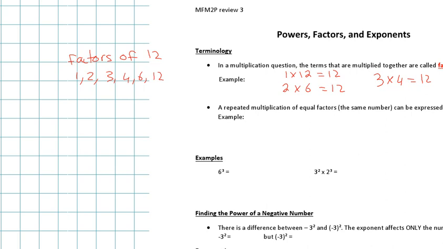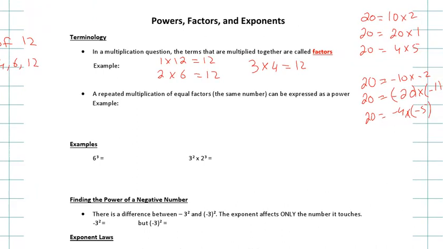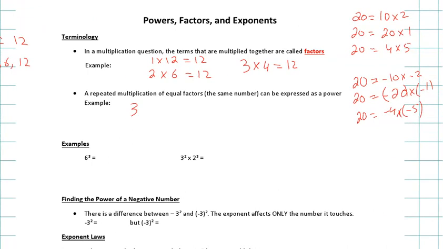Now, a repeated multiplication of equal factors, the same number, can be expressed as a power. So if I have 3 times 3 times 3 times 3, I can write that as 3 to the power of 4.